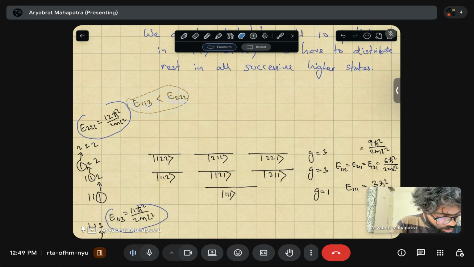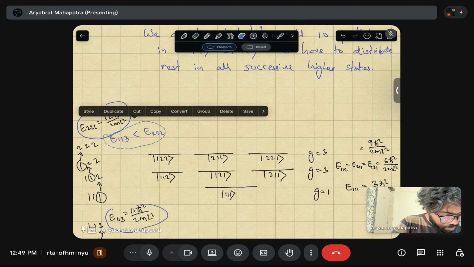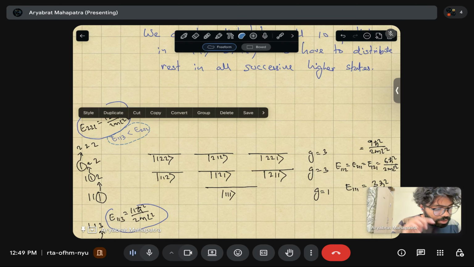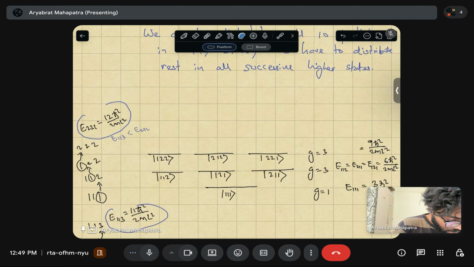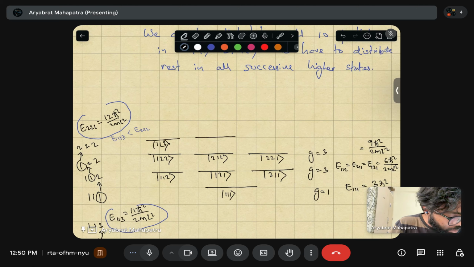Because of this, you cannot take 2 2 2 to be your next successive energy level. Instead, your next successive energy level will be 1 1 3, or again you can permute it, which has further degeneracies: 3 1 1 and 1 3 1.